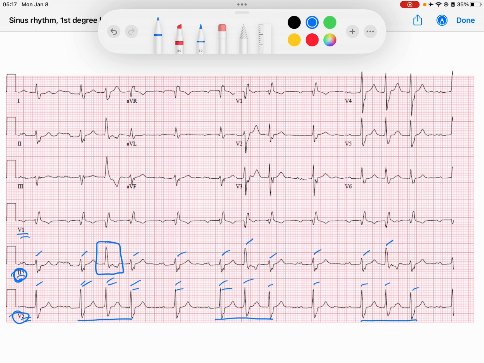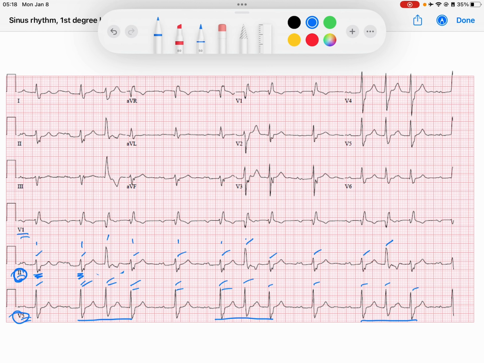This gives us a much better idea of what is going on: 1, 2, funky beat, and from here on 3 normal beats and a funky beat. I urge you to compare QRSs to QRSs.